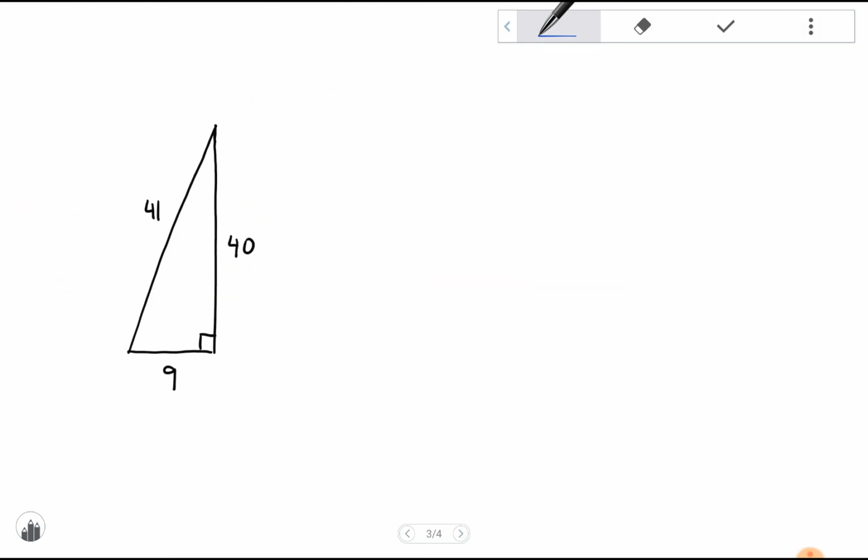Let's try another one out here. We have this triangle here. It's drawn to be a right angle. We're going to check that it is. One length is 40, one length is 9, one length is 41. So the longest side is the hypotenuse, and that's labeled C. Let's label this one here, the horizontal one, A equal to 9, and that leaves B equal to 40 for this triangle.